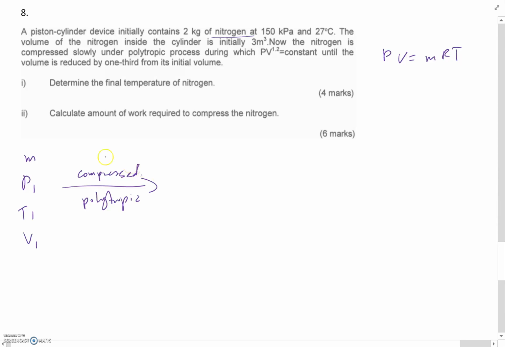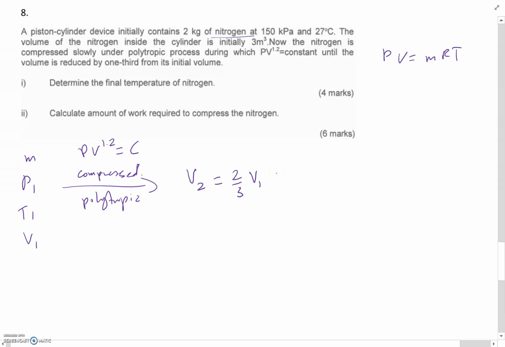with PV^1.2 equals C, until the volume is reduced by 1/3 from its initial volume. So V2 is reduced by 1/3. So what's left is 2/3: 3/3 minus 1/3 gives you 2/3 V1.